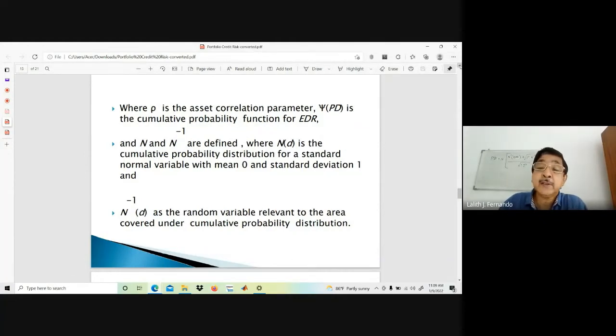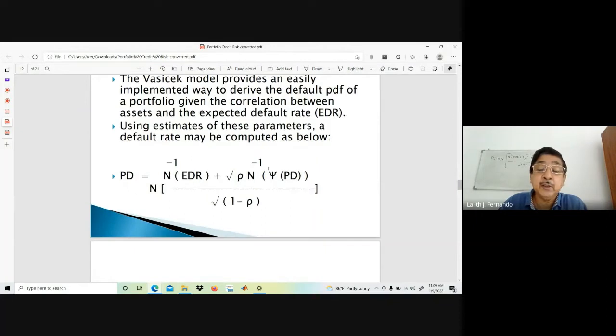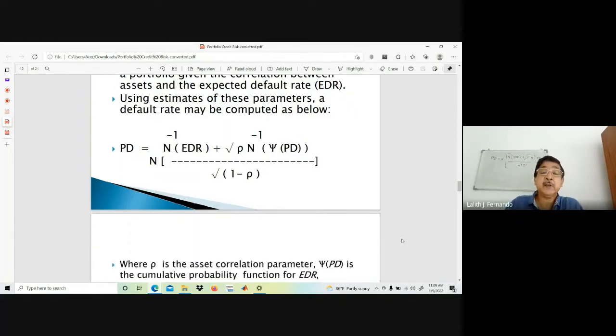We have taken EDR here, and zeta PD is the EDR's cumulative function. That EDR's cumulative function is very close to PD. So that is denoted as zeta. Just like a threshold, we call it zeta, Z-E-T-A, zeta PD. Right. Now, this is what you call the Vasicek model.